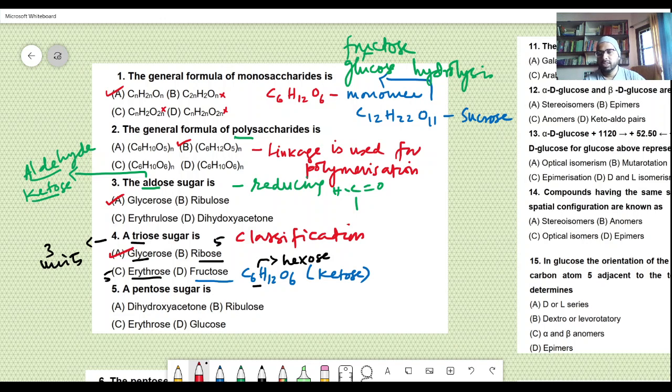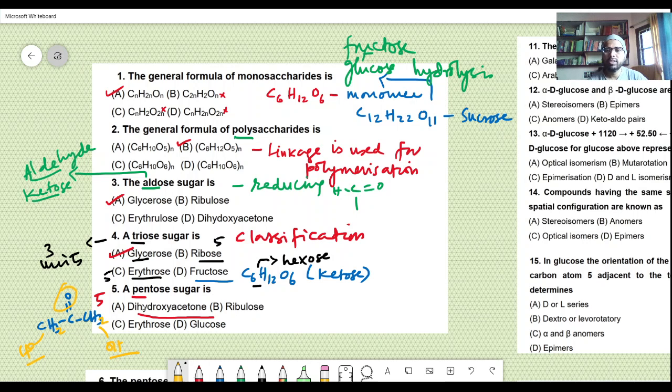The next question is 5, pentose sugar. It's a very quick, easier one. It's asking which has 5 carbons. Dihydroxyacetone is not it. Dihydroxyacetone is very easy to write, CH3COCH3 is acetone, and here you have CH2OH, C=O, and CH2OH.